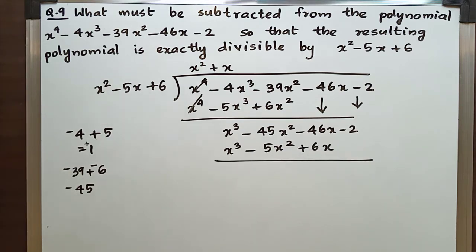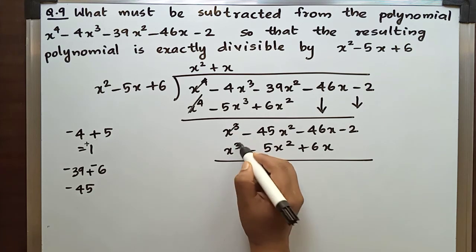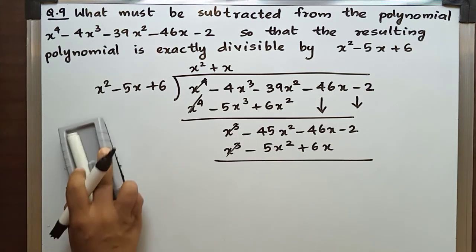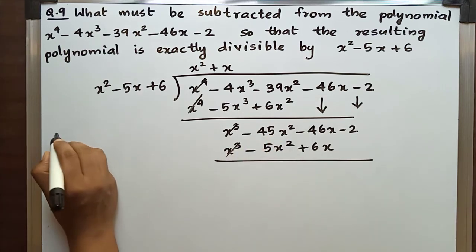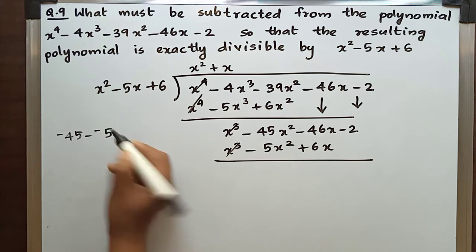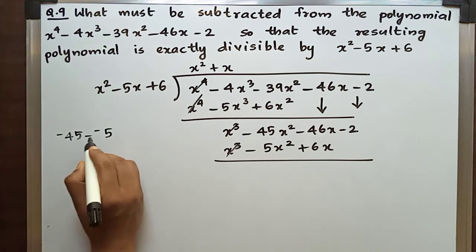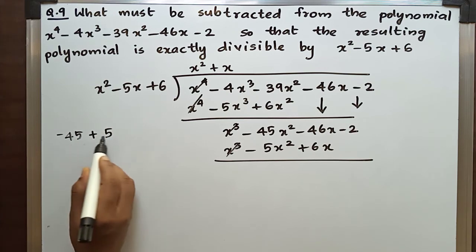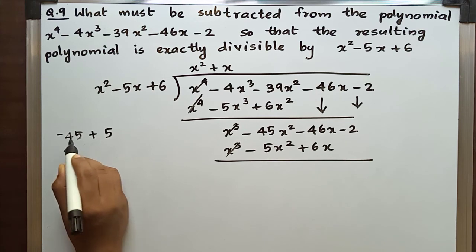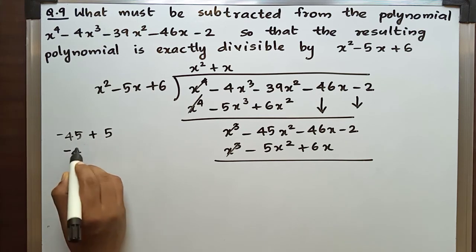Next we are going to do subtraction. X cube will get cancelled. Here we have minus 45 minus minus 5. Two negatives coming together means it is positive. Minus 45 plus 5. Bigger one is negative, so the answer is negative. 45 minus 5 is 40.